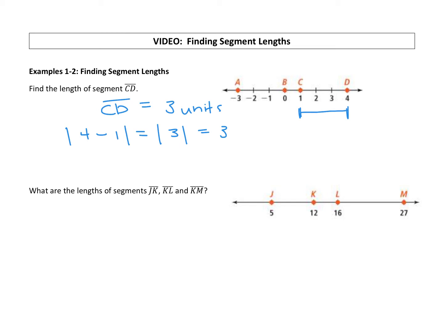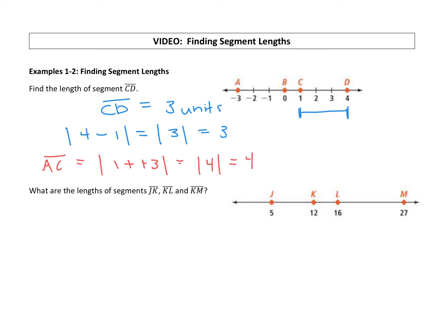And let's say we had to find segment AC. This involves some negative numbers, so it's the absolute value of point C is at 1 minus, and then A is at negative 3. Close your absolute value. So if you subtract a negative, it turns to addition, and you get the absolute value of 4, which is 4.